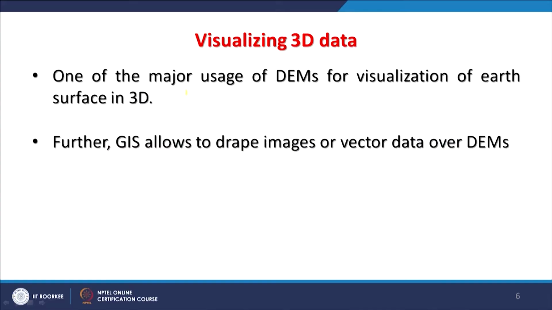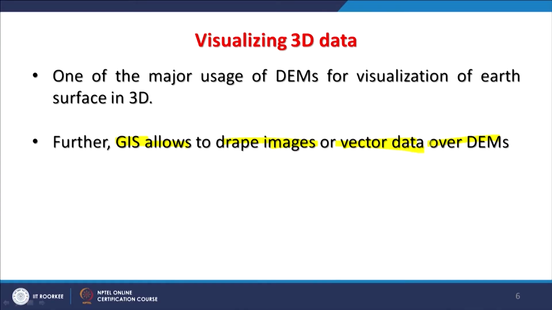So, for that purpose we always go for integration with satellite data, and our GIS platform allows us to grab these images, like in Google Earth, Landsat and Sentinel images, or even vector data like earthquake locations, city locations, demographic data or any other such datasets, over the DEMs.